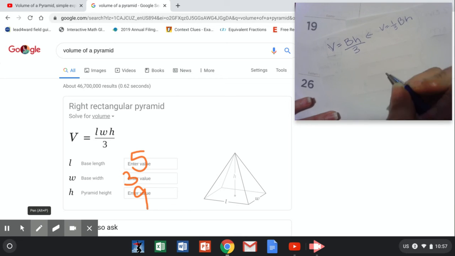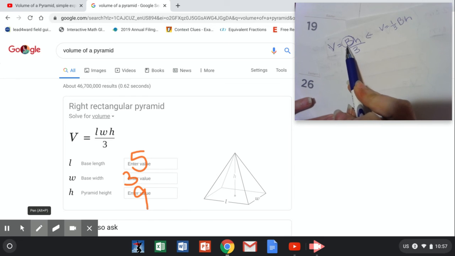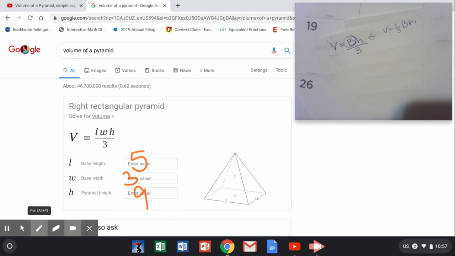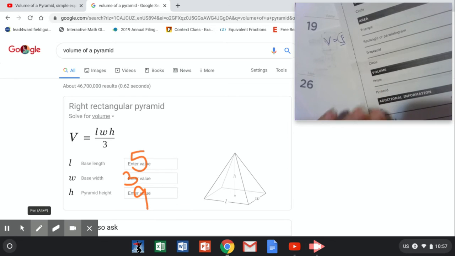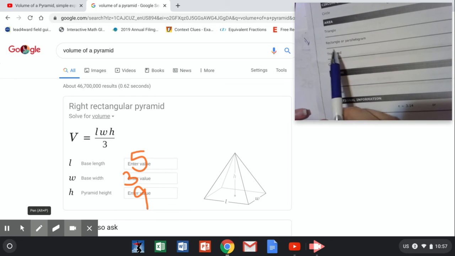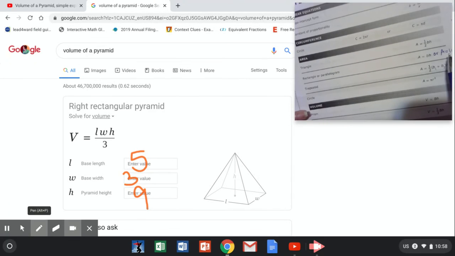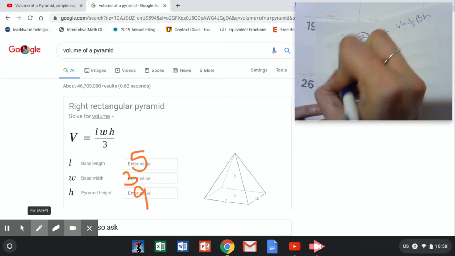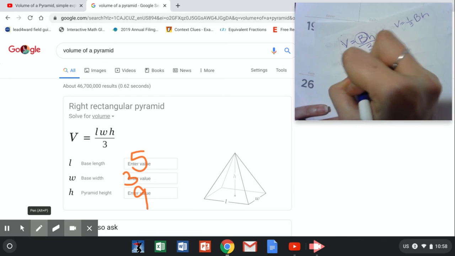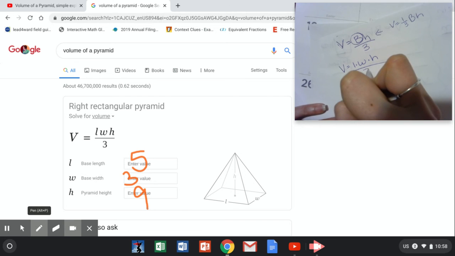So if I work this out, first I've got to figure out what formula I'm going to plug in for the area of the base. Well, it depends on what the base is. In this instance, it is a rectangle, so I would go to area of a rectangle and know that that is length times width, or that little b h, okay? So volume equals length times width times height, divide by 3.